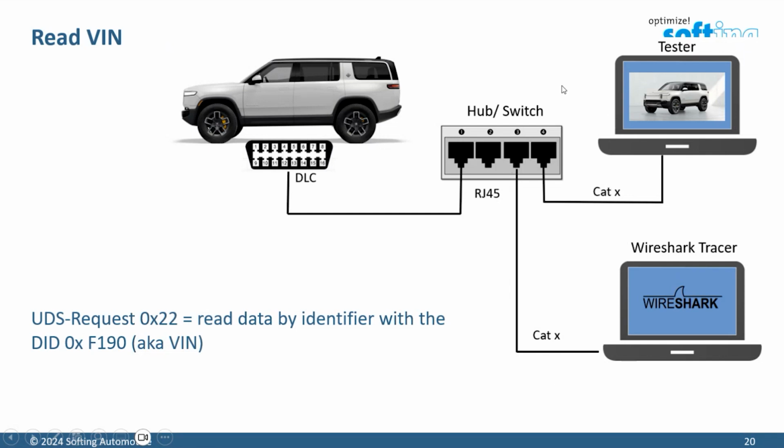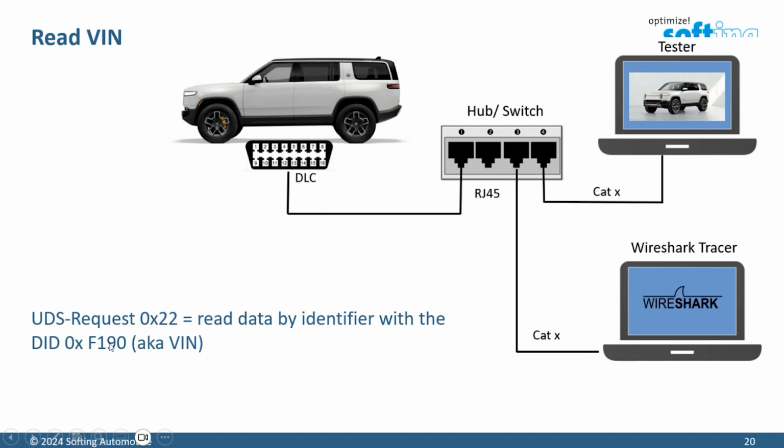Meaning that I do not only have this tester directly connected to the DLC of the vehicle, I also have a hub and a switch with a mirror mode, and then I connect the Wireshark tracer, and I can see what the communication is about. And in this case, the UDS request is a 22, that is read data by identifier, and the DID for the VIN is F190. So I have to send a 22 F190 to the vehicle to get the VIN out of the vehicle.